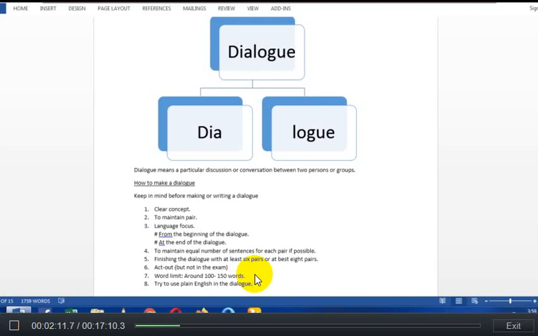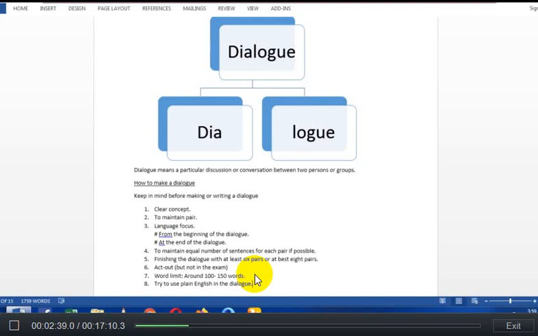We must focus on two types of language, from the beginning of the dialogue and then at the end of the dialogue. Number 4, to maintain an equal number of sentences for each pair if possible.